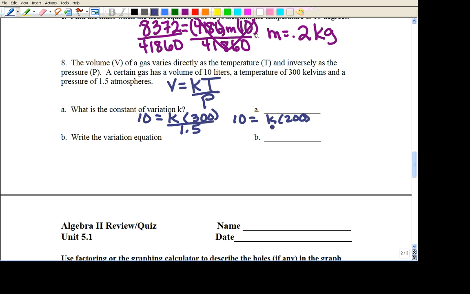And then when I divide both sides by 200, I'll get that K is equal to 0.05. And so to write the variation equation, I just need to fill in the K for that plain equation we started with. So we have V equals 0.05T over P.